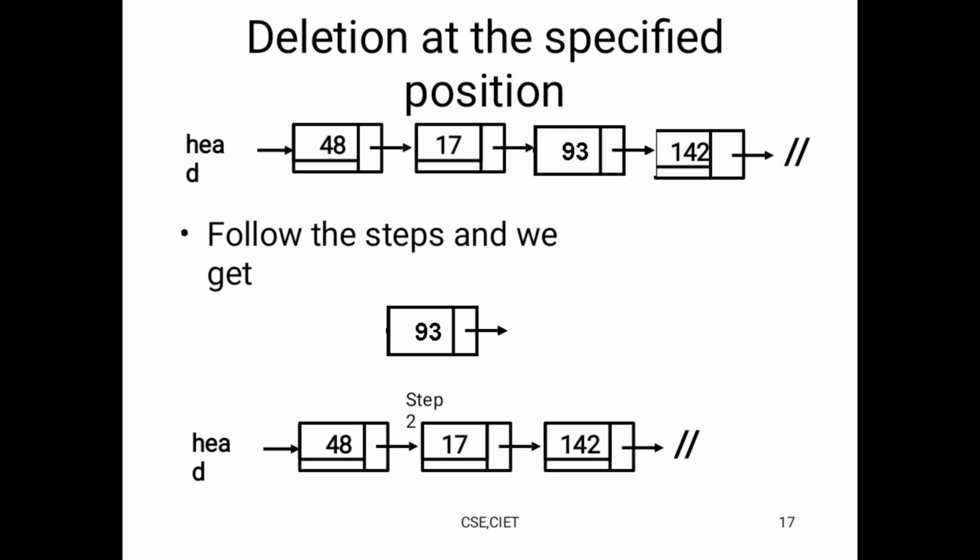Whenever I am removing the 93 element and that pointer is accessed, the 142 element is stored in the 17 element next field node. So in that the 142 address will be stored in the previous next field address. So this is the deletion at the specified position.